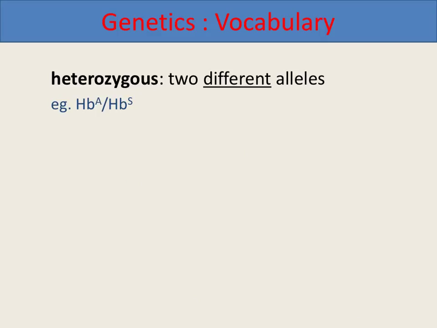So, genetics vocabulary. Heterozygous. In this case, we have two different alleles, HbA, HbS.